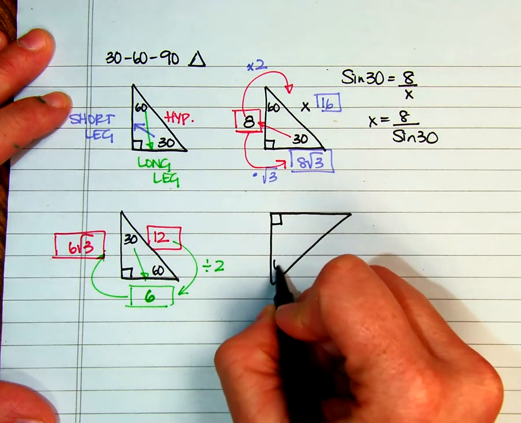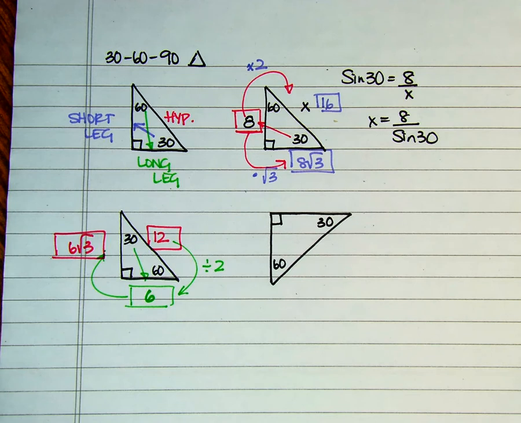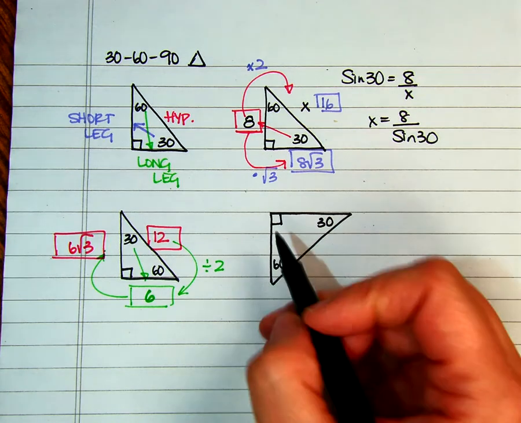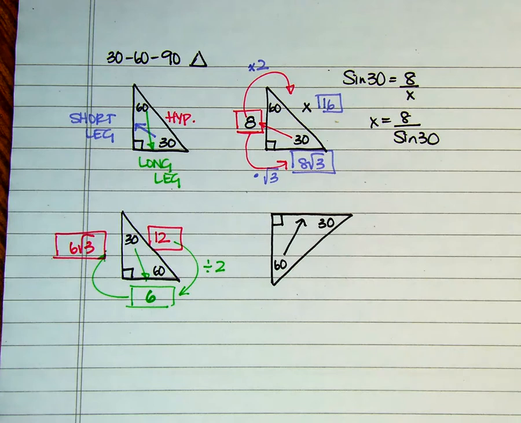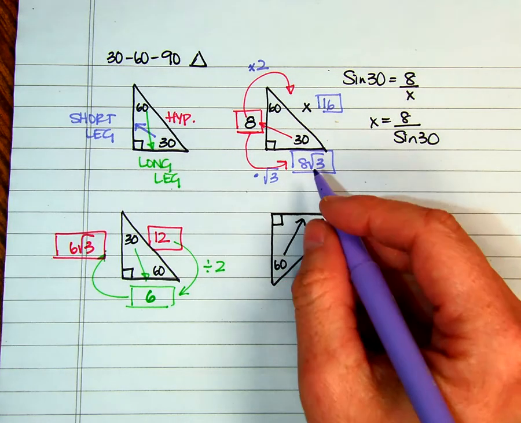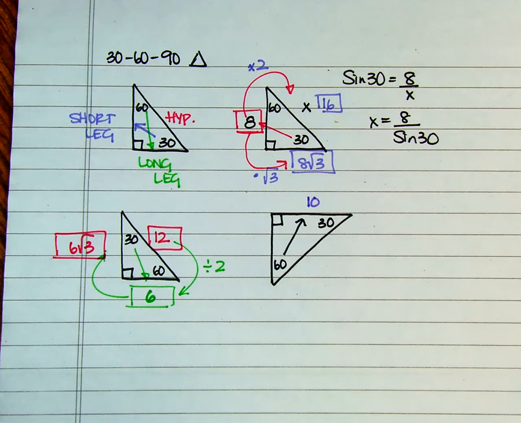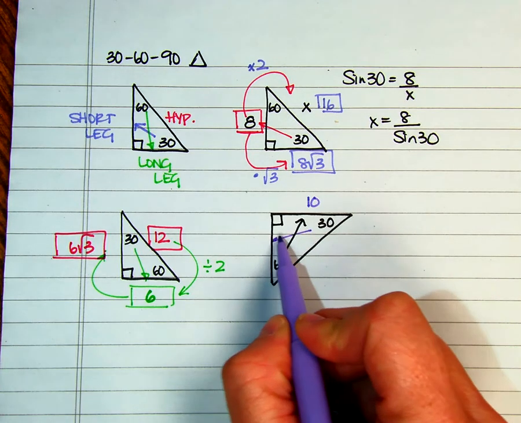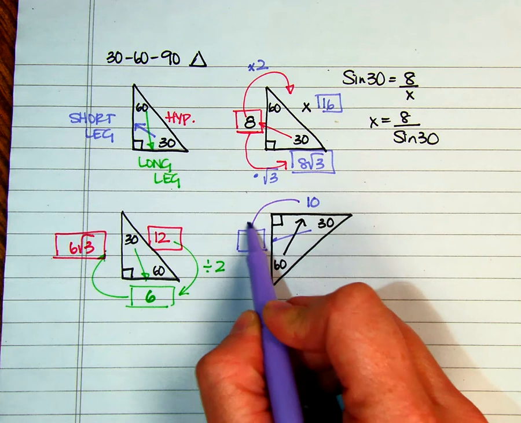Okay, so one of the most confusing things is if you are given the long leg. So if I give you the long leg of, let's say, 10, I have to find the short leg first, because that is my stepping stone, so I have to go from here to here.